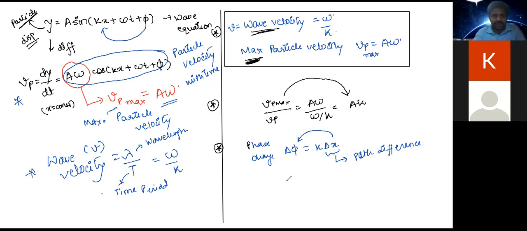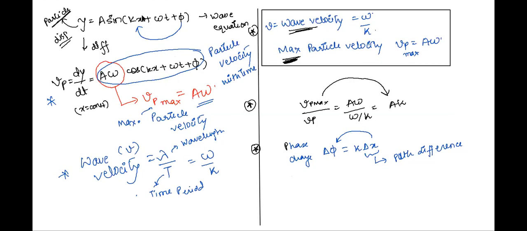What was the other relation, Atul? Now class, have a look, this is a short trick in order to learn this relation. Phase change is also related to omega t. Phase change is equal to omega into delta t, where delta t is the time interval.